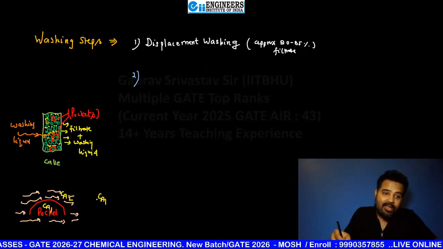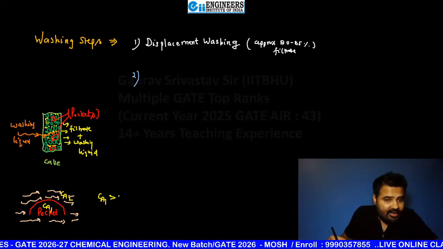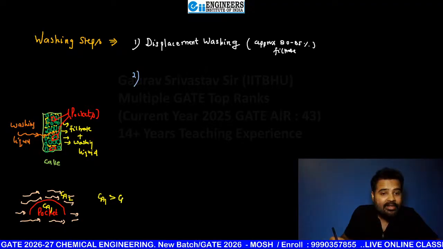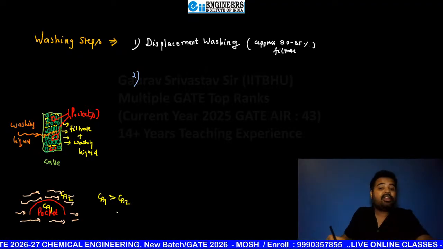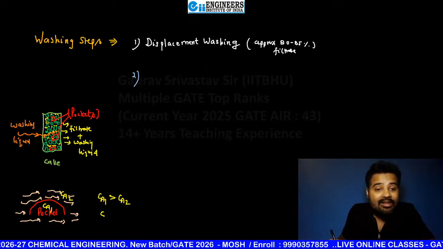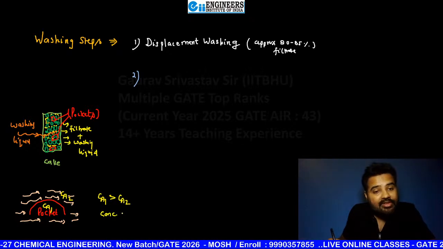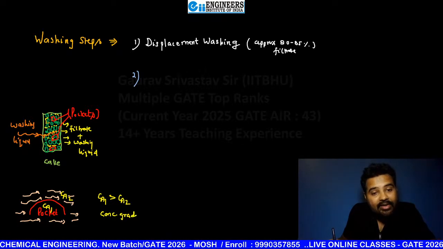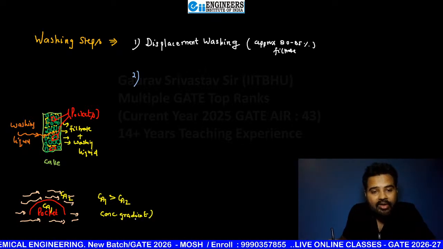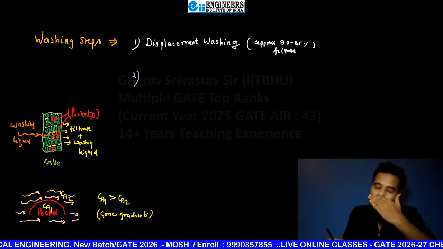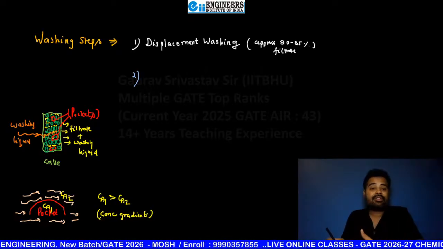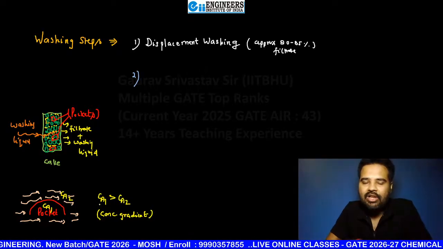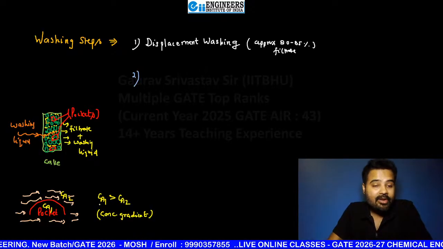So definitely here Ca1 is much higher in comparison to Ca2. That means one beautiful thing is there, a concentration difference, or you can say a concentration gradient, is now formed there. Concentration gradient is nothing but concentration difference per unit length, which you will see in detail in the mass transfer subject, beta.